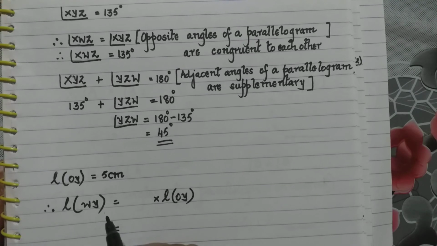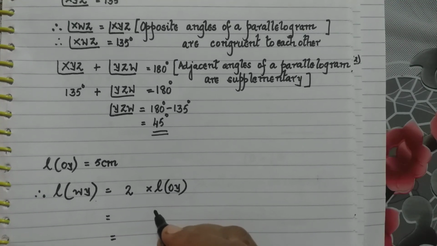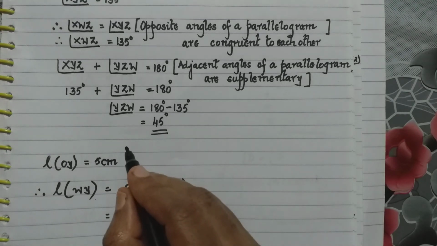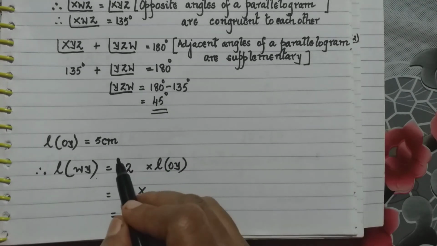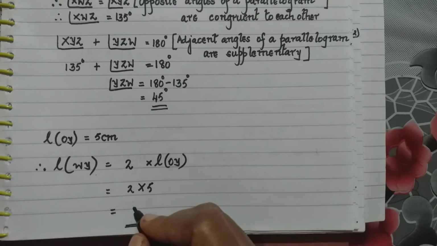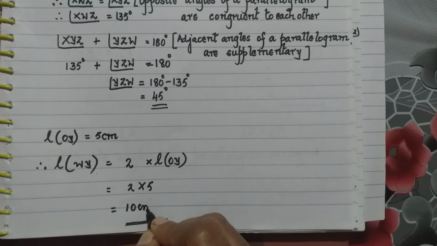Therefore, length of WY, which is the whole diagonal, it will be how many times length of OY? 2 times. It is the top part plus the bottom part. So, 2 into length of OY. 2 into length of OY means 2 into 5 centimeter, which is equal to 10 centimeter.